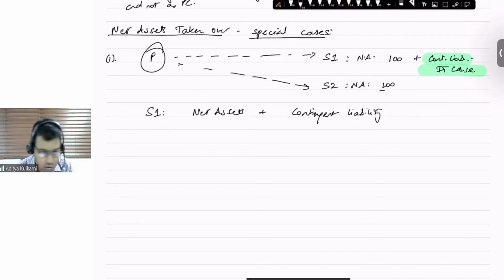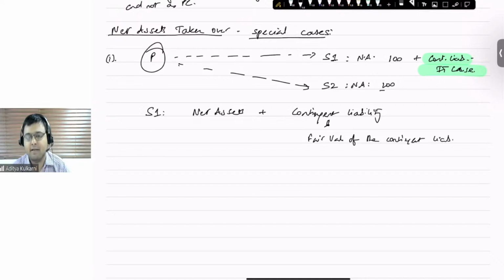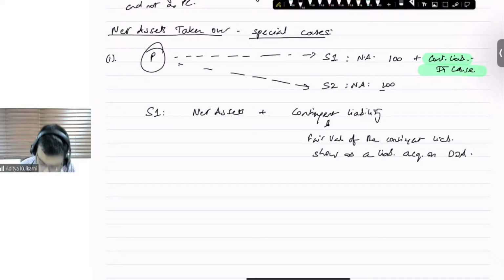And therefore, Ind AS 103 tells, perform a fair valuation of the contingent liability. And you will get some value. वो भले कितना भी छोटा क्यों ना हो, whatever be the value, show it as a liability acquired on date of acquisition.